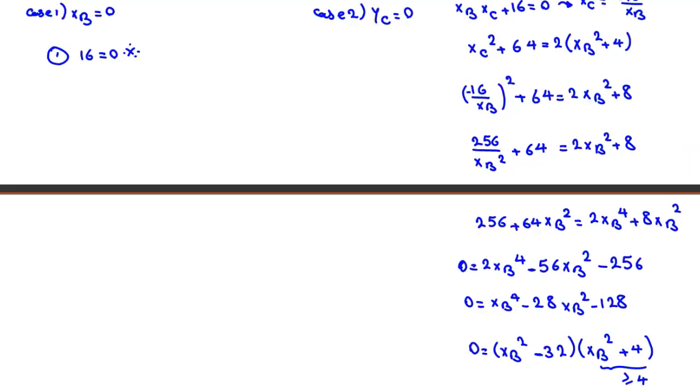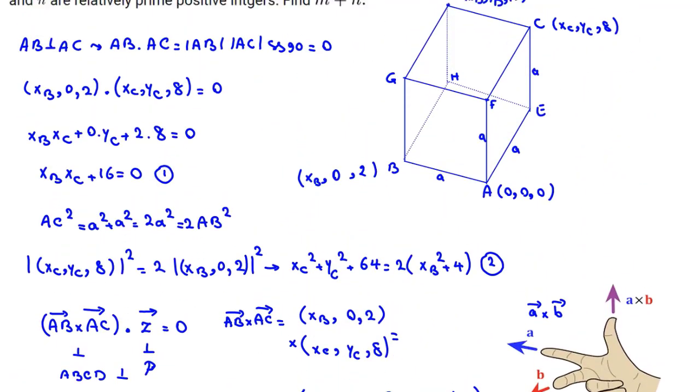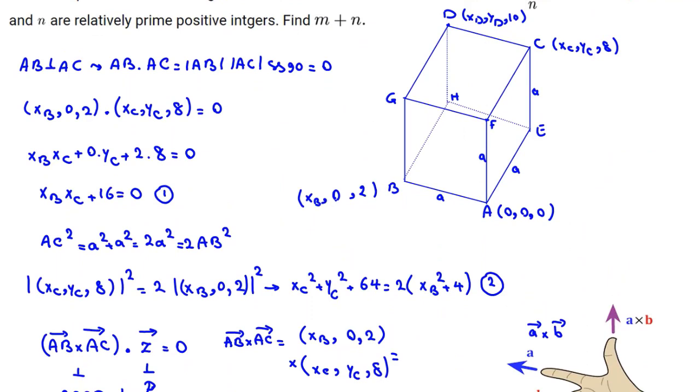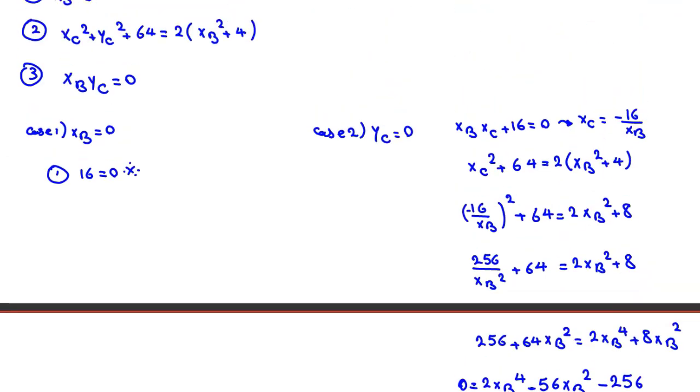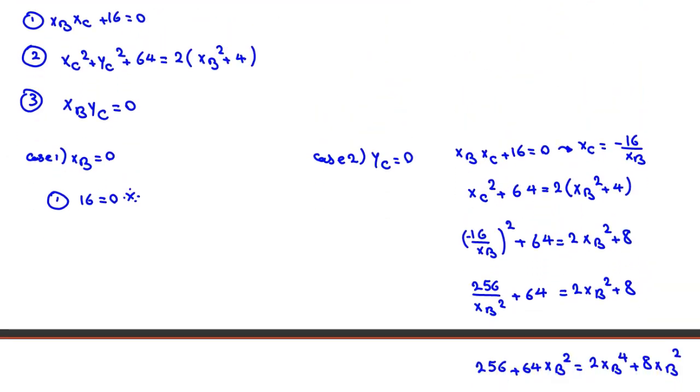Okay, here we can say without loss of generality, we can consider the coordinate direction such that xp is positive. So we can consider xp equal to 4 root 2. Now because xp is 4 root 2, we can calculate xc. xc equals negative 16 over 4 root 2, which is negative 4 over root 2, which is negative 2 root 2.